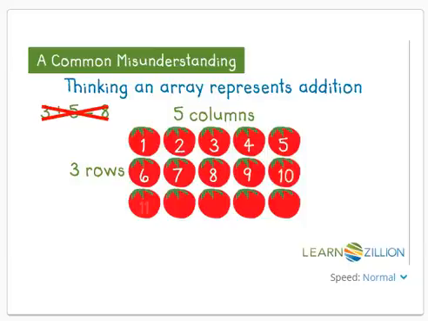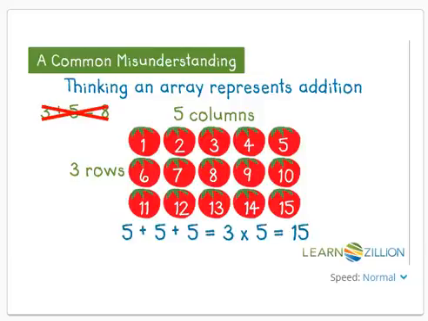In an array, we can add equal groups or multiply rows times columns. So to show the 15 tomatoes in the array, we could add the groups of 5, 5 plus 5 plus 5, or multiply 3 times 5 to show that there are 15 tomatoes in this array.